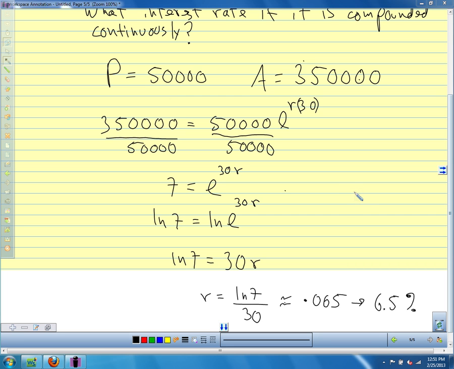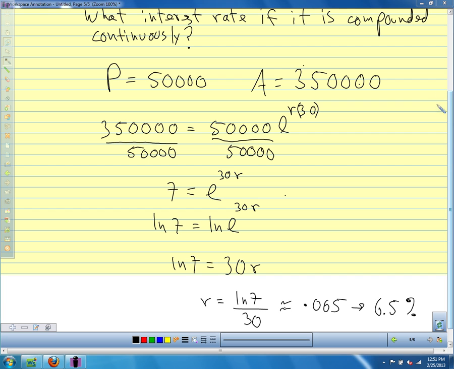Pretty good. All right, any questions on these examples? So we're just using what we already know about exponential functions and logarithmic functions to solve equations.